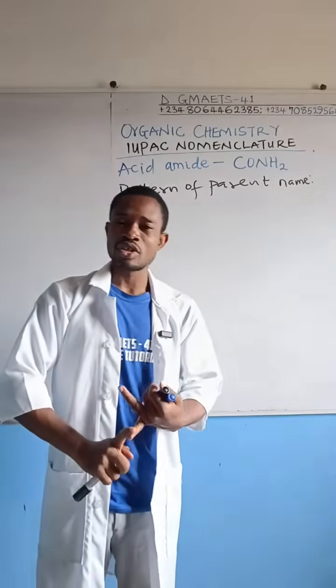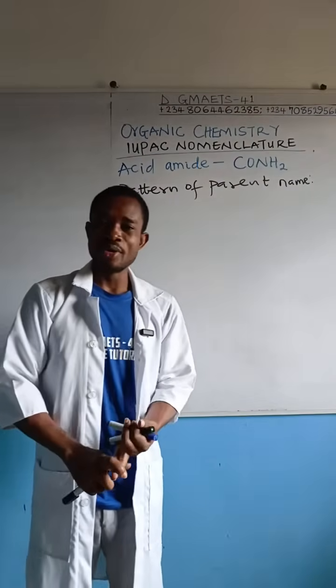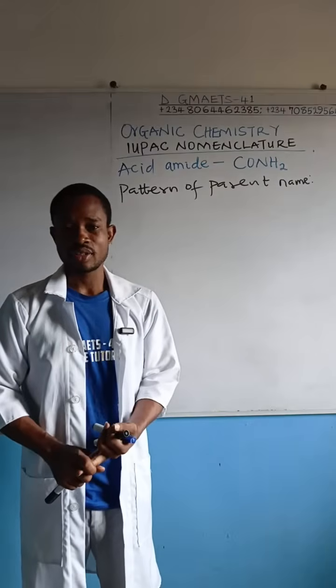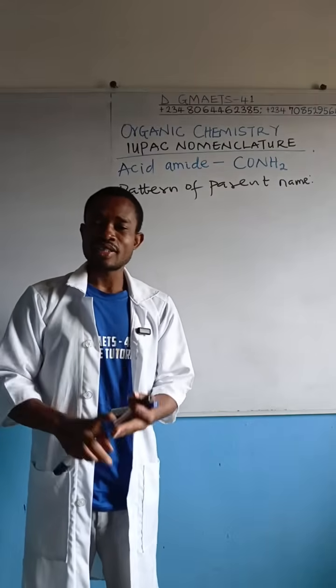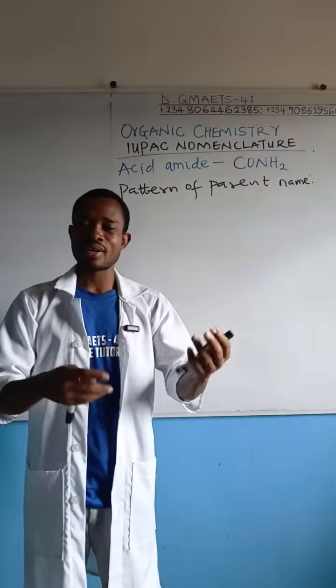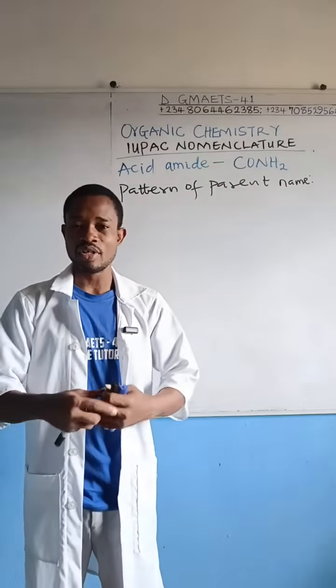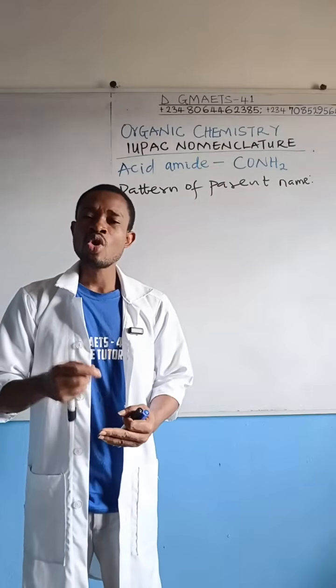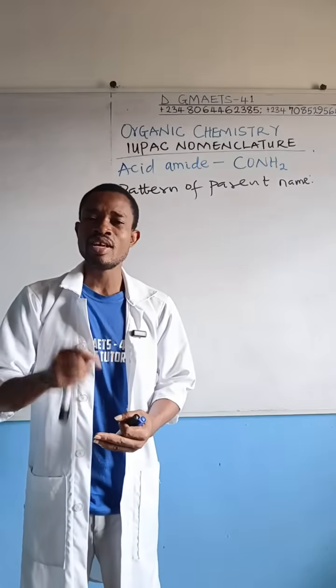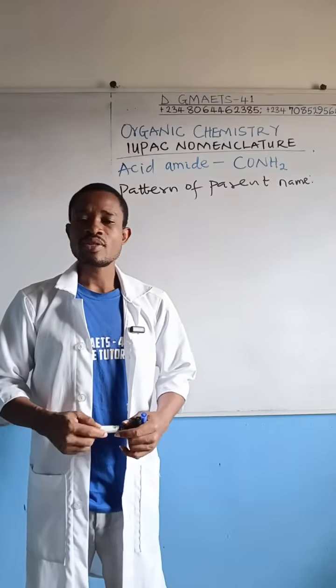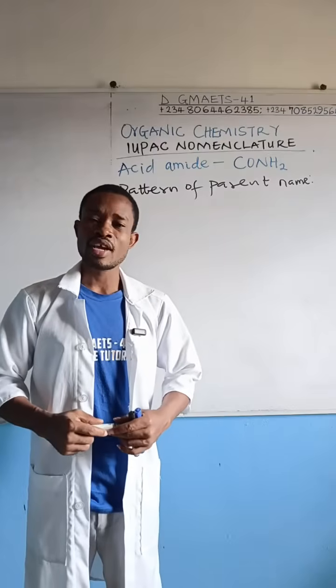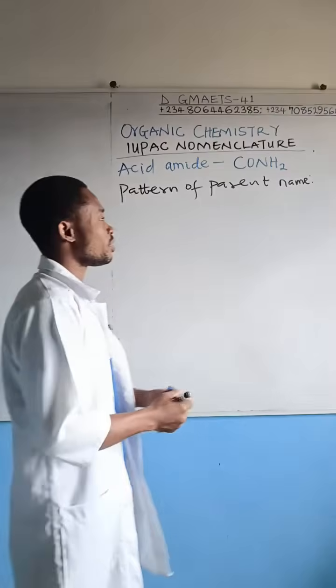Get to know the functional groups first. Get to know the names of attachments, substituents. Get to know certain basic rules, how to determine the longest chain and other things which I've been dealing with. And then get to know the pattern in which the parent name is given. Once you know all these things, your problem is solved.